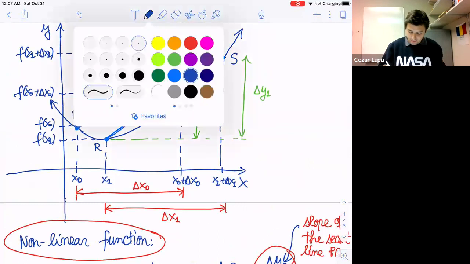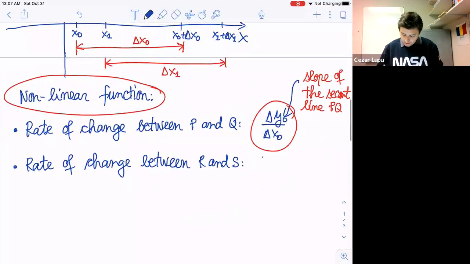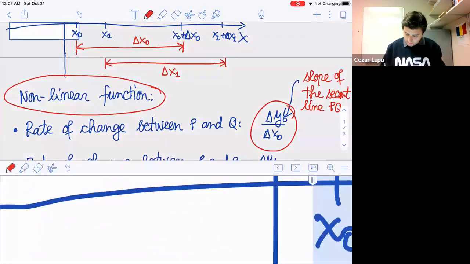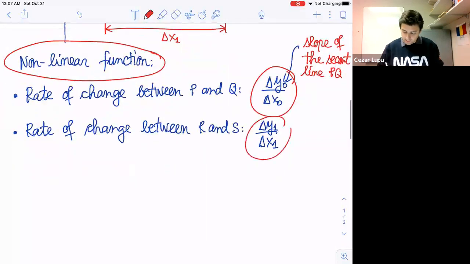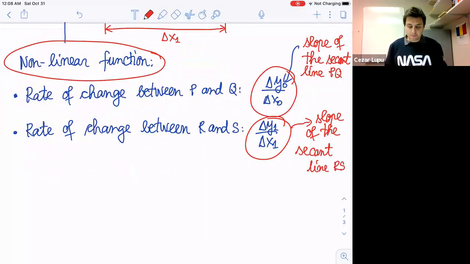So this is nothing else than the slope of the secant line RS. All right, that's beautiful.